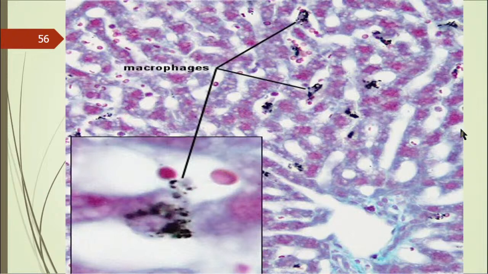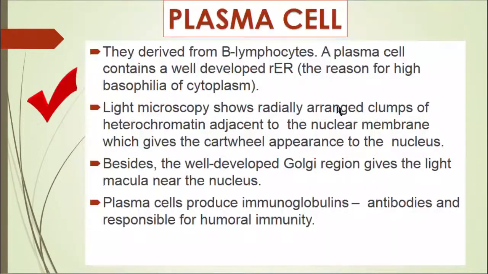This is a liver lobule, and we have seen the hepatocytes, and with a special Indian ink, this is a special stain for macrophages, we have identified the macrophages in the wall of space of Disse.